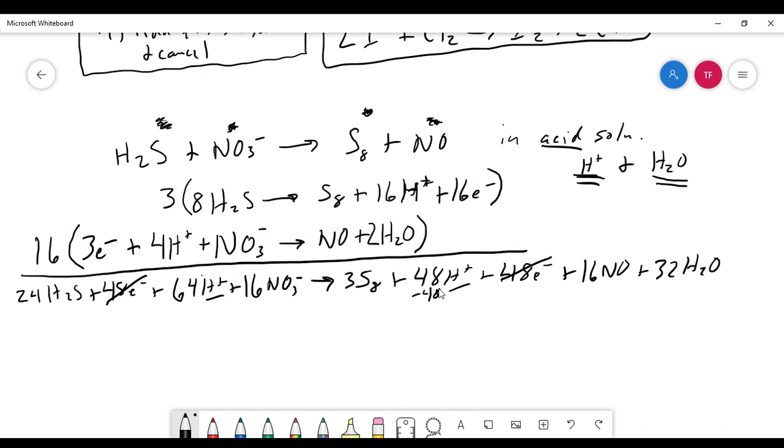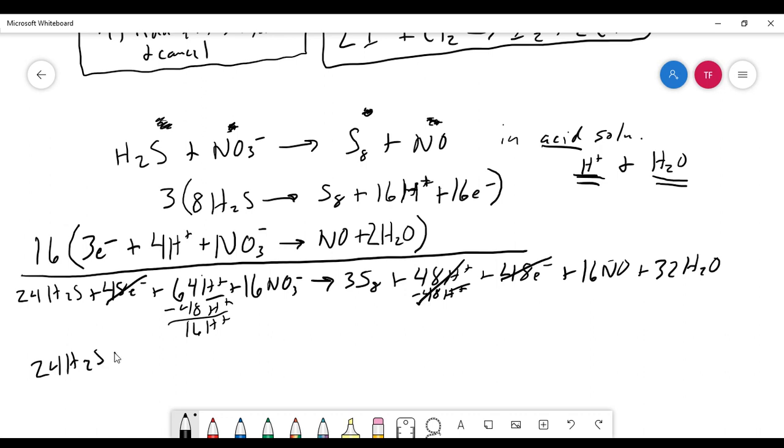If we subtract 48 hydrogen ions here, those go away. And if we subtract 48 ions here, that gives us a total of 16 hydrogen ions. So I think that's everything that can cancel. Looks like it. So now we just write our final equation.